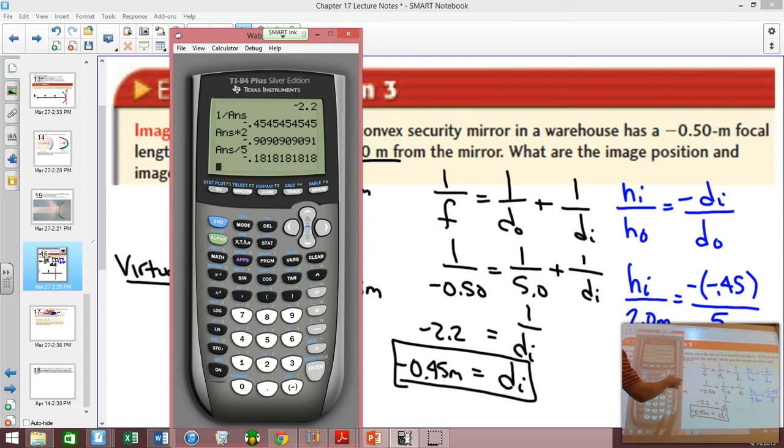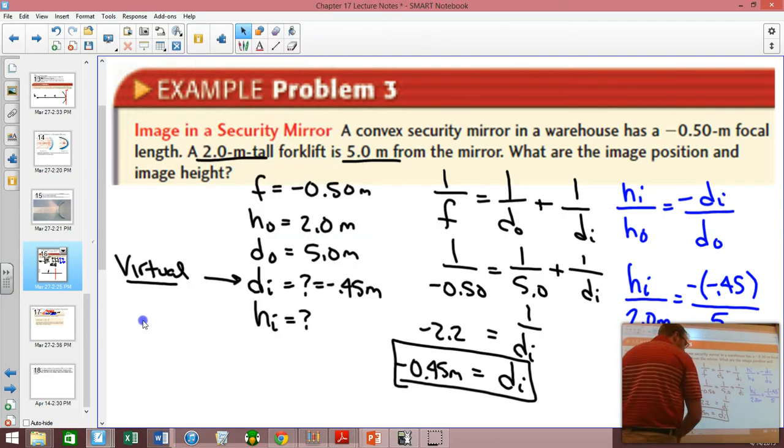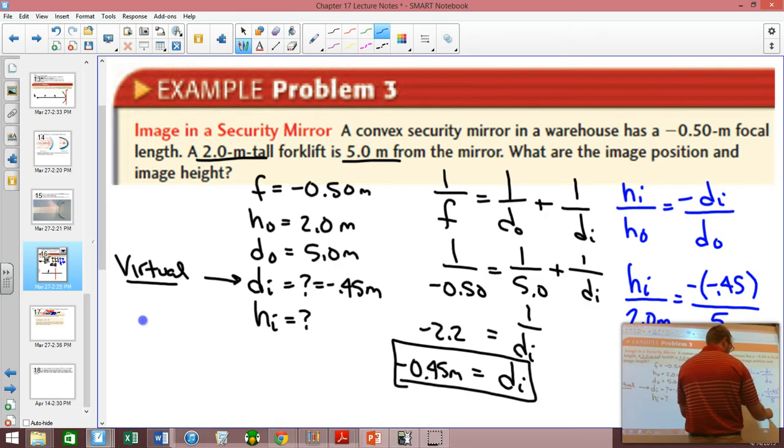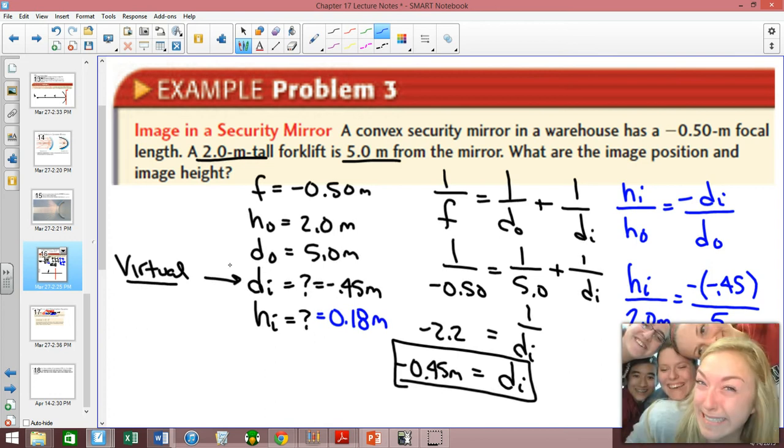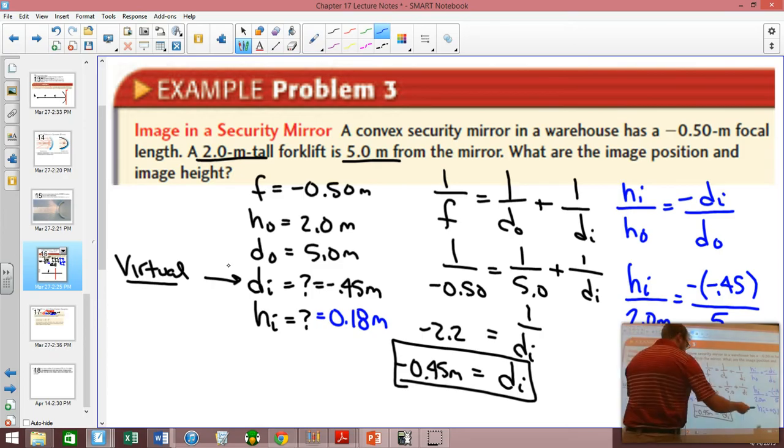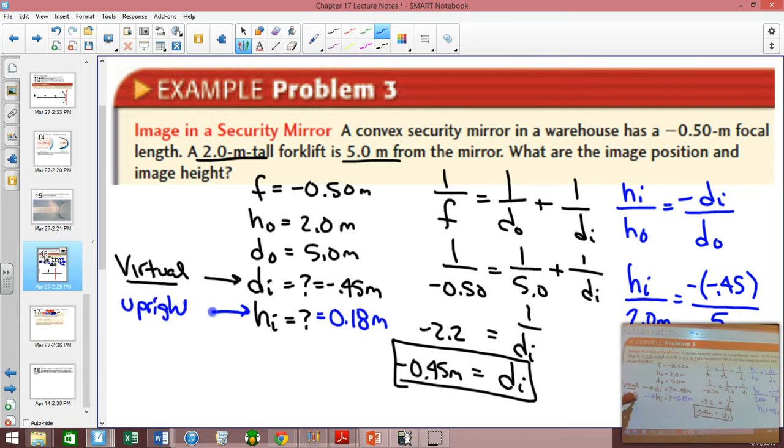Actually, it should be a positive number because I forgot to get rid of my negative there. So the height of my image is 0.18 meters, which means it's smaller, and because this is positive, it's upright.